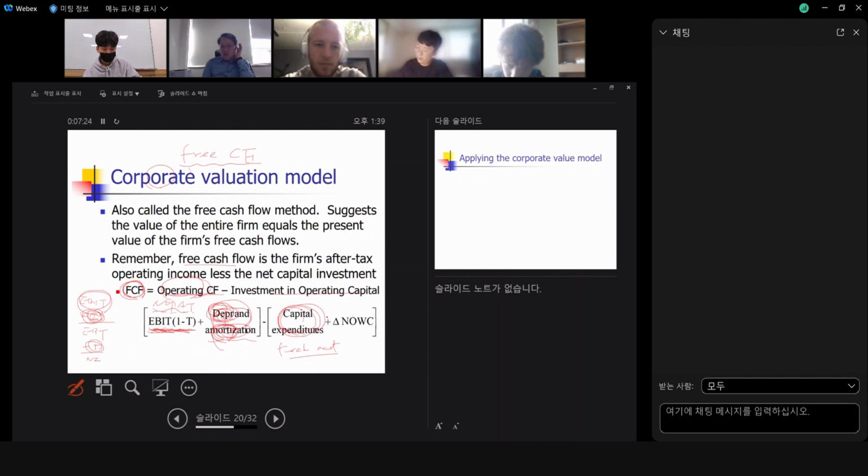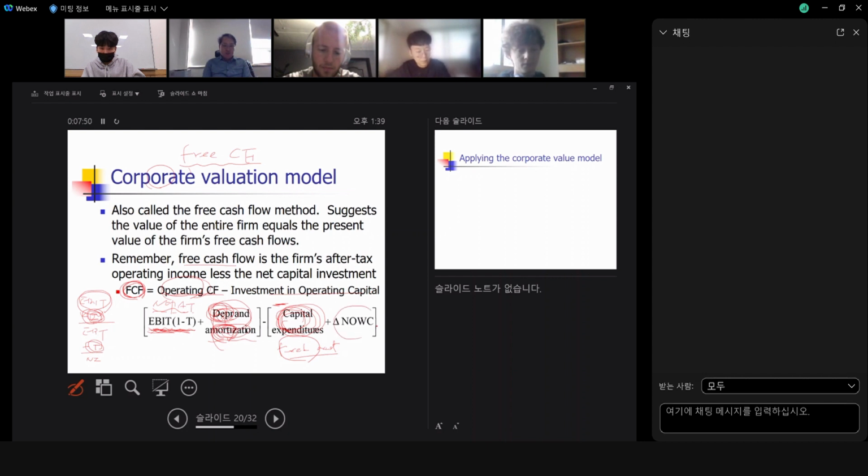Even if we spend some money, that money is changed into a fixed asset, so from the point of cash, this is a flow out. So this is the item to be deducted: we need to deduct capital expenditure to calculate the free cash flow.